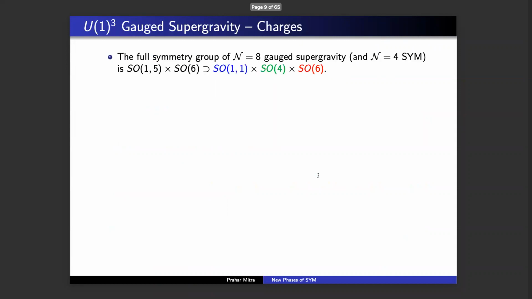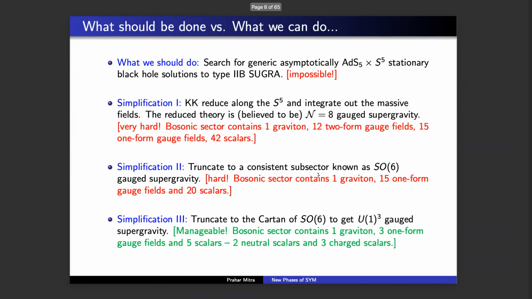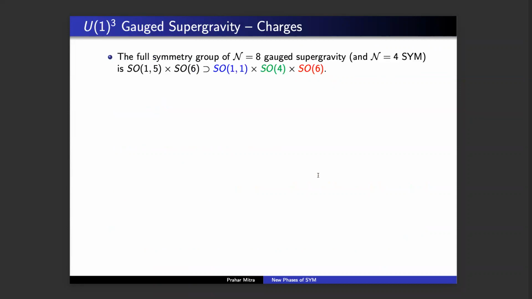I'll write down the explicit action for you in a couple of slides. But before I do that, let me clarify exactly what all the symmetries of this theory are and what I'll be using to classify all of my solutions.